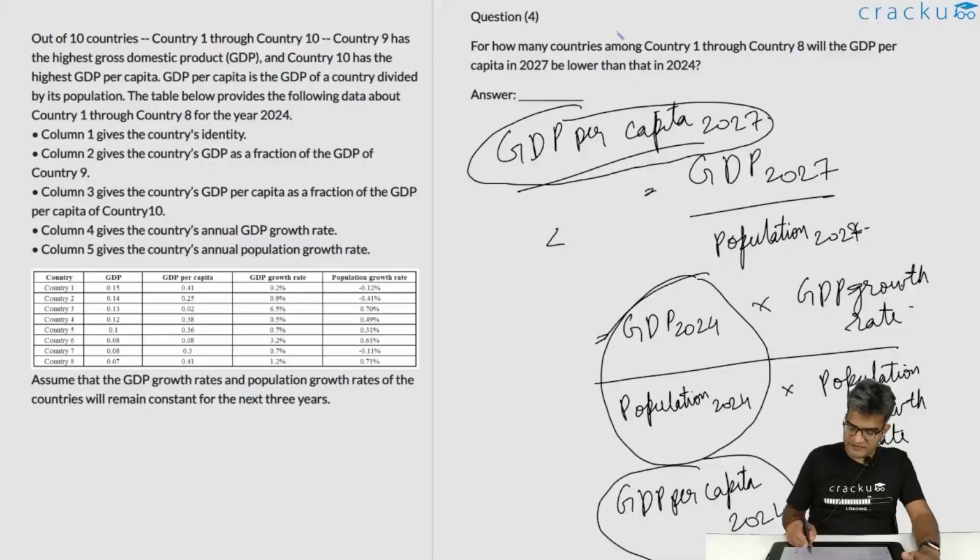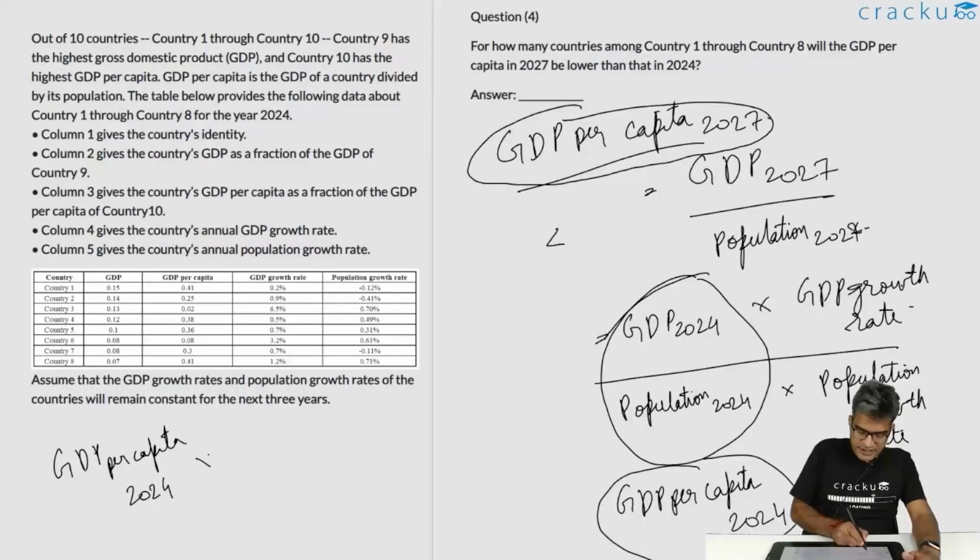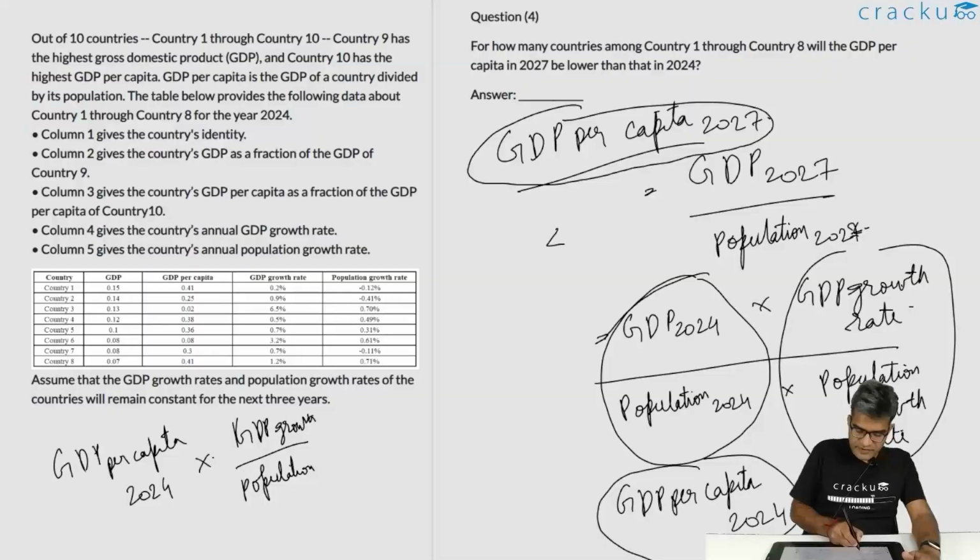GDP per capita of 2027 is GDP per capita of 2024 into GDP growth rate divided by population growth rate. So GDP growth divided by population growth. This is the GDP per capita of 2027.